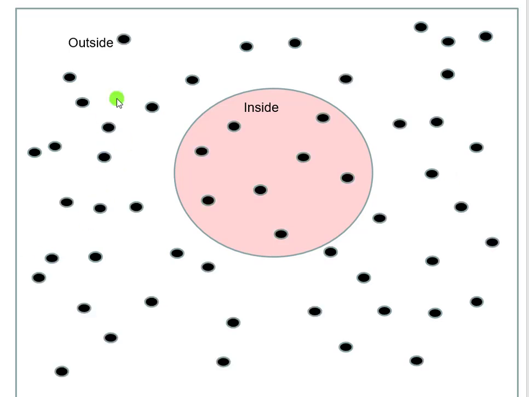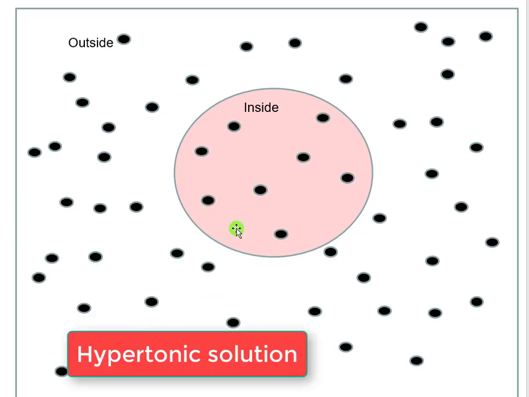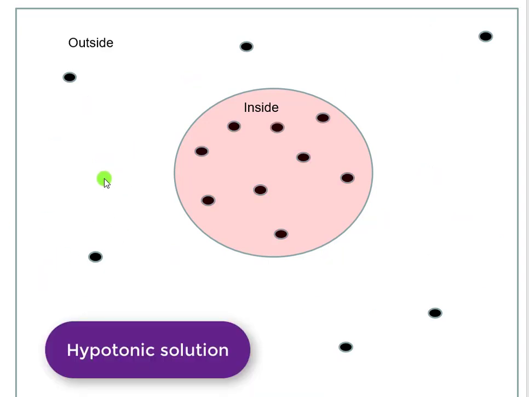This, because the saltiness is greater on the outside than my reference point, the reference being you and your cell, is a hypertonic solution. And then this right here, because the outside is going to be less salty than the reference point, which is you, is called a hypotonic solution.